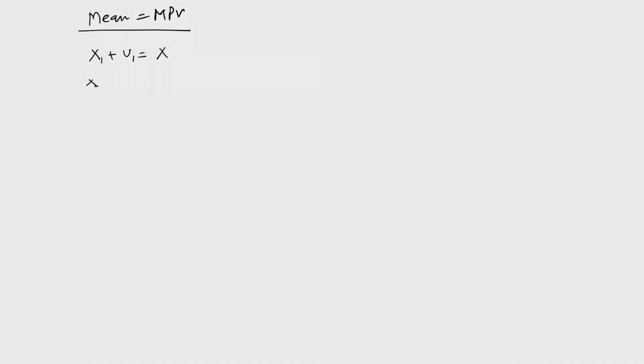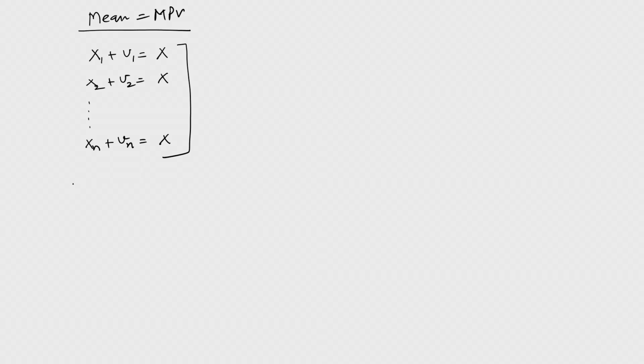Now you take another observation x2, you add residual v2, you will get the true value, and so on. Let us say you get xn plus vn, you will get the true value x. Even I can use lower case letters to write, but the meaning is the same. So you are basically measuring a length, L1, L2 or x1, x2 and so on.